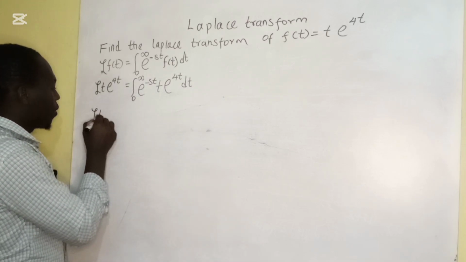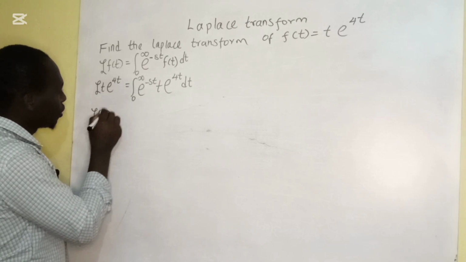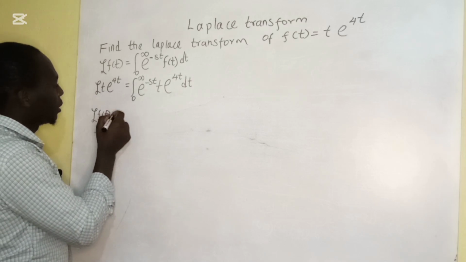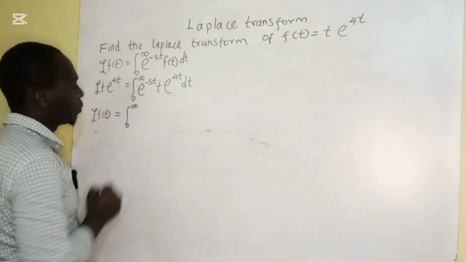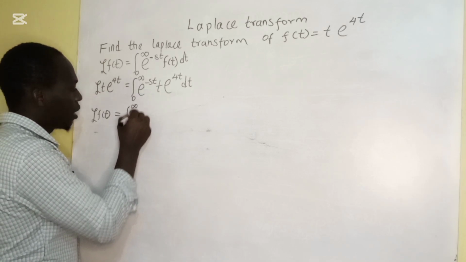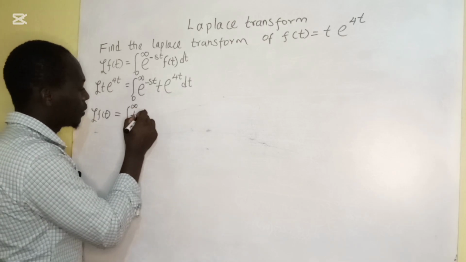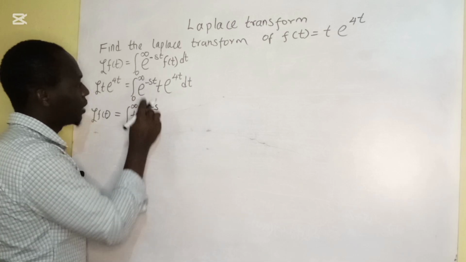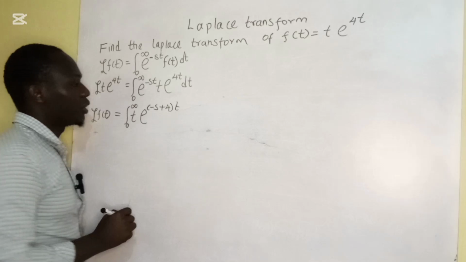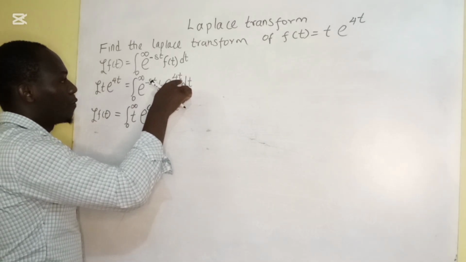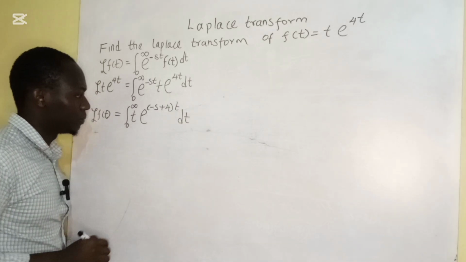The Laplace transform of our function f of t, which we still know is equal to t e to the 4t, is going to be equal to the integration with respect to our limits of t times e to the power of negative s plus 4, since it is a multiplication, we add the powers, and we factor out our term t because we have t here and we have t here. Our integration is with respect to dt.